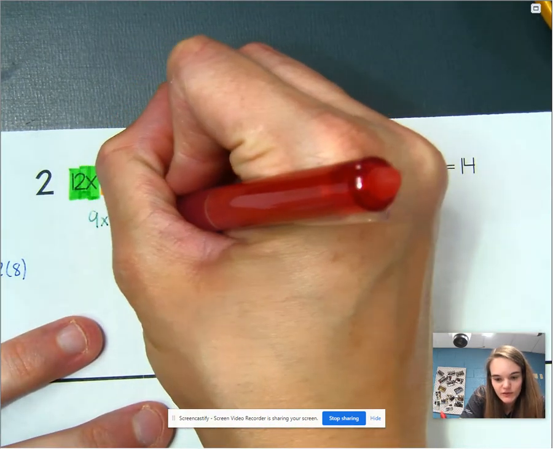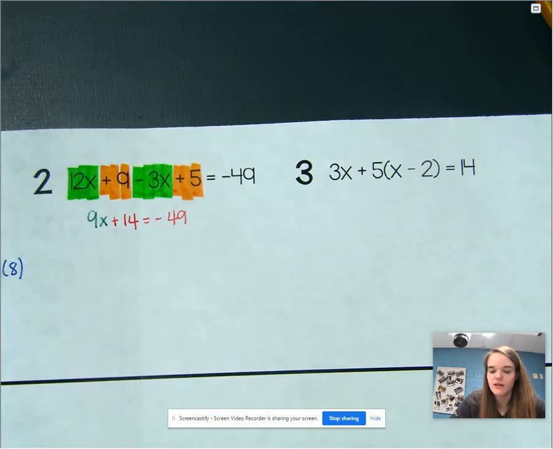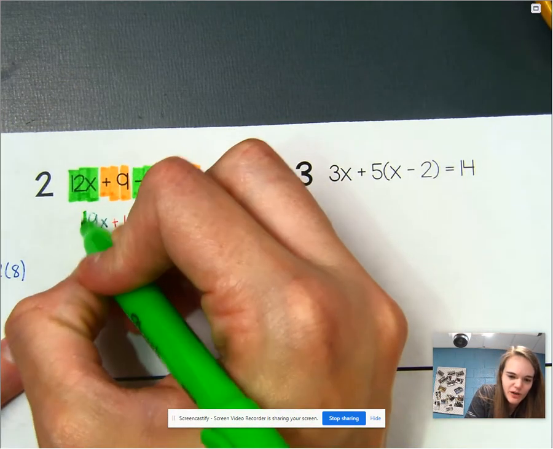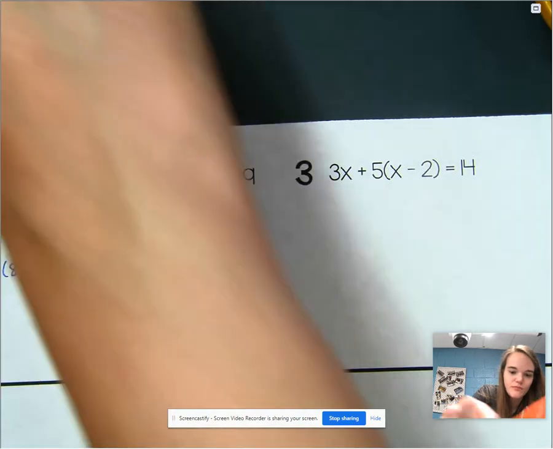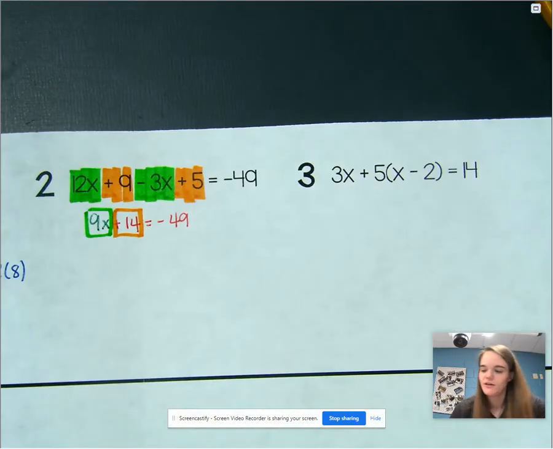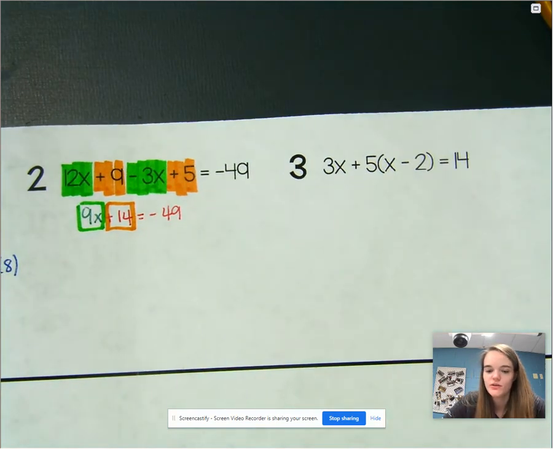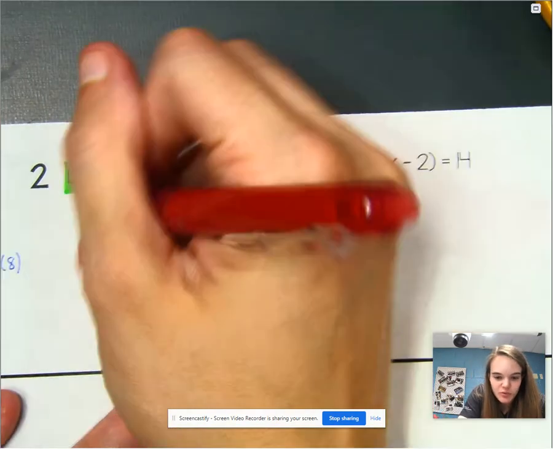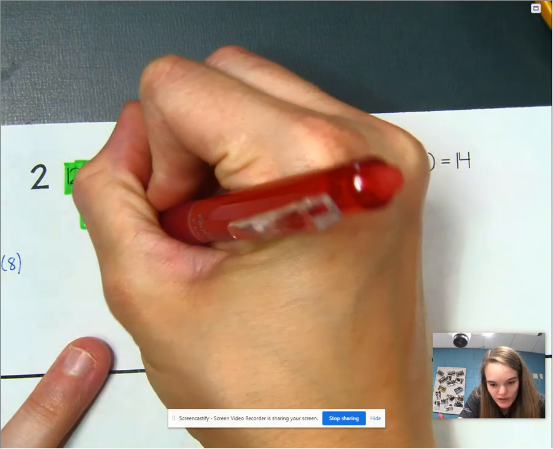equals negative 49. Again, it's now like a 2-step equation. I'm going to go ahead and box these in so you know where they came from. This was from the combining of the x's. This was from combining 9 and 5, the numbers or the constants. All right, so I'm going to do the opposite of plus 14, which is minus 14.